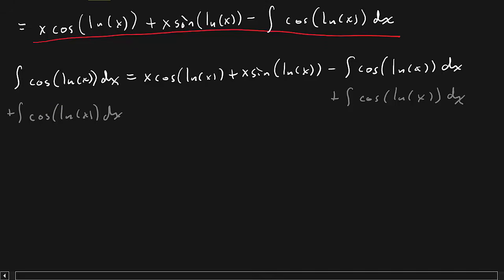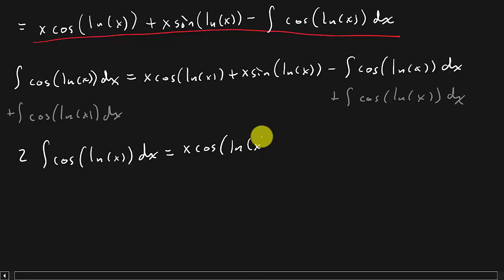And so if we add these two, we get 2 times the integral of cosine natural log x dx is equal to x cosine natural log x plus x sine natural log x.